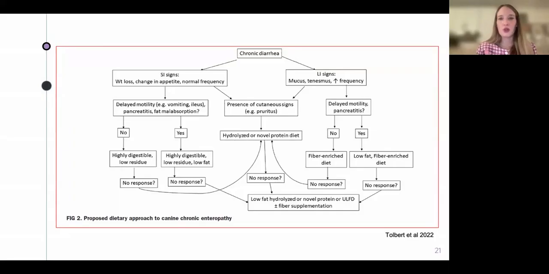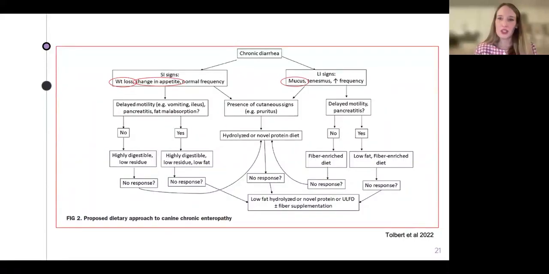It shows what your way of deciding should be, based on the clinical symptoms, on which diet you should proceed with. So I wanted to highlight what we have as a problem with our patients. So it's weight loss, then a change in appetite, but we can say that this is probably due to the fact that he doesn't really like the diet that he's eating.